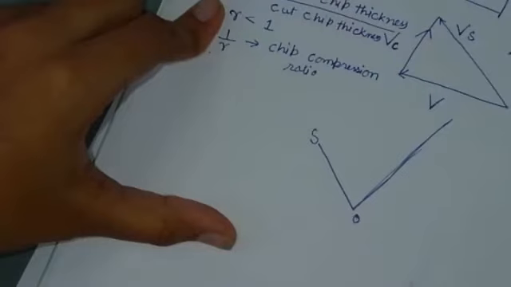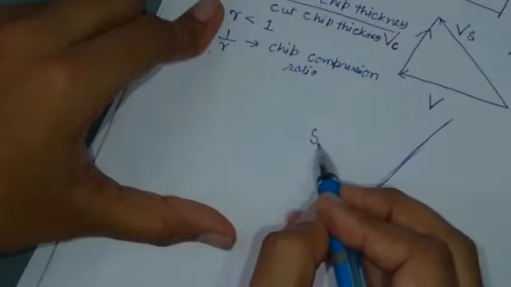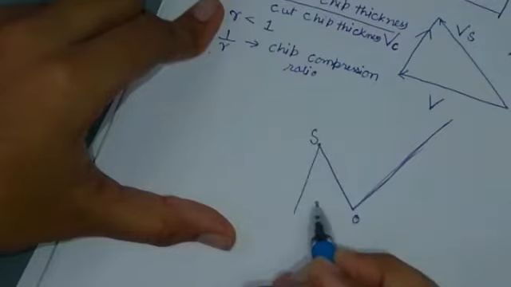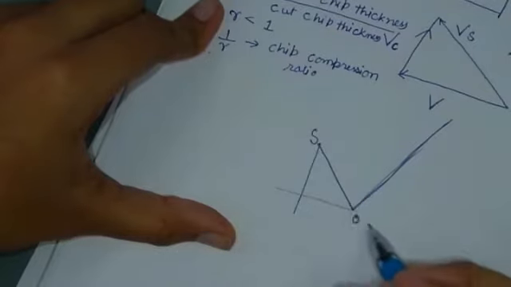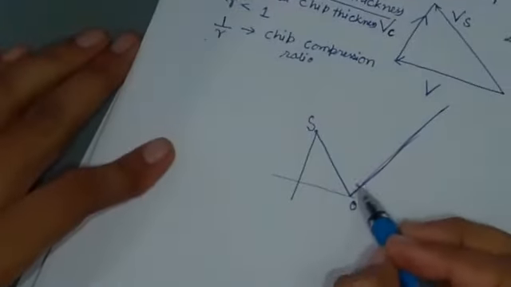So let's draw a perpendicular from S on this horizontal. This is a shear plane OS, and OS makes an angle phi.